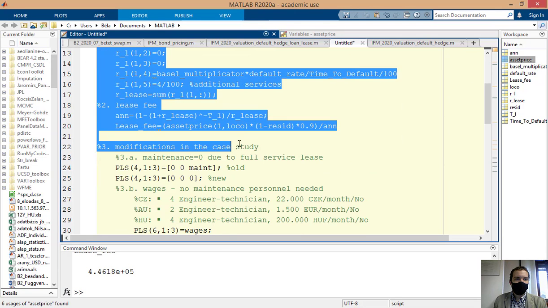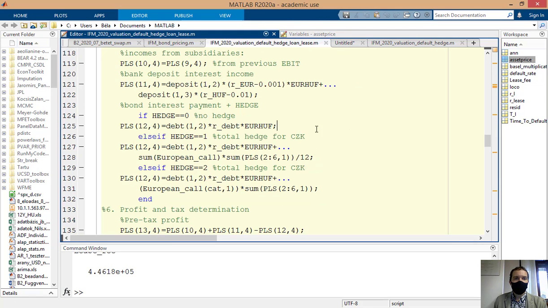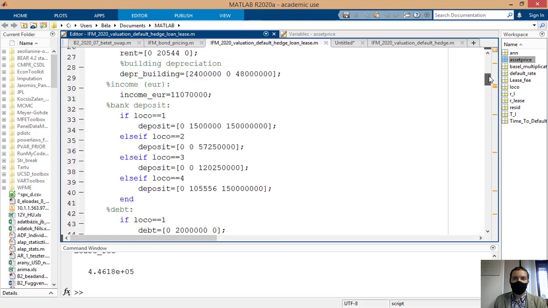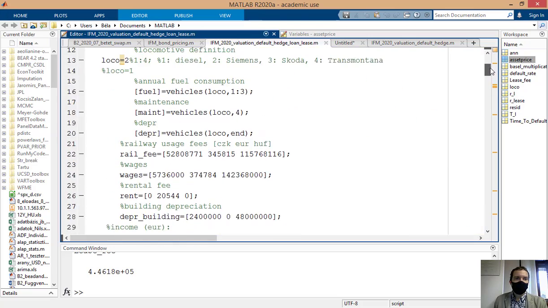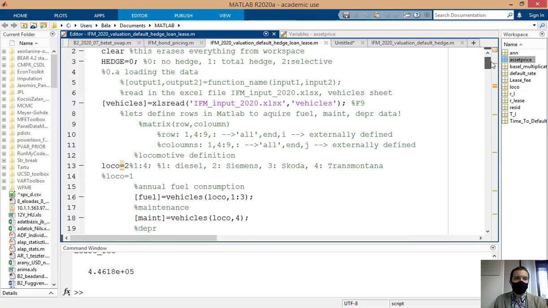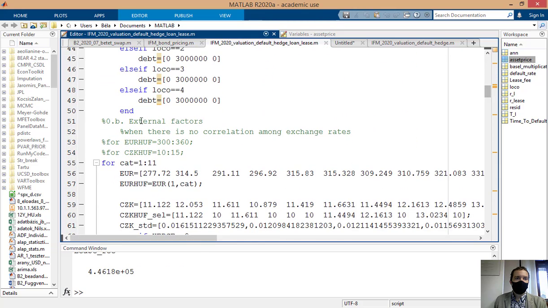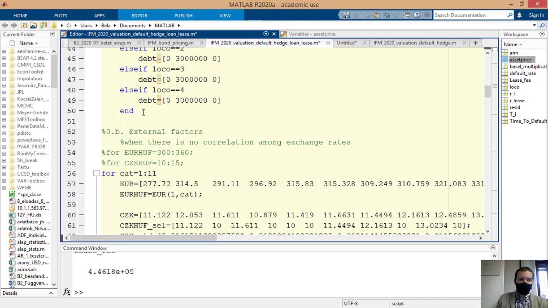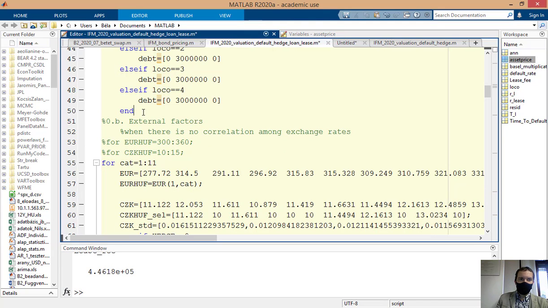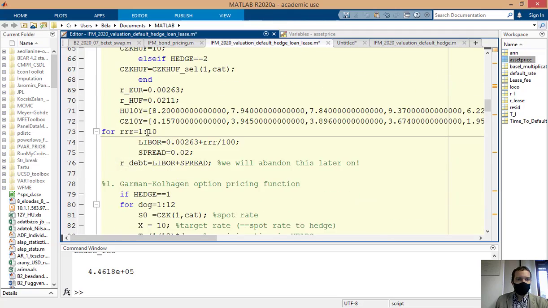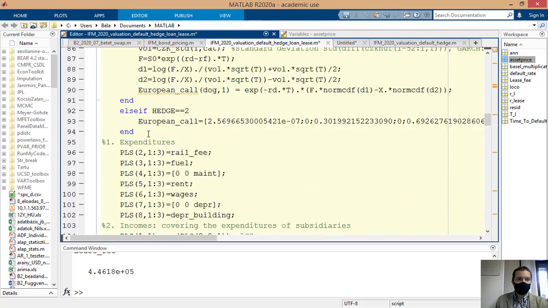Let's copy from here until here, everything. And let's insert it. We had the debt. So we have the external factors.